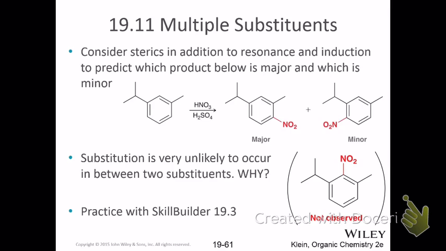And then you would get this. And then you would do a bromination. And you'll get 2 products, right? So one product would be this. The other product will be this.